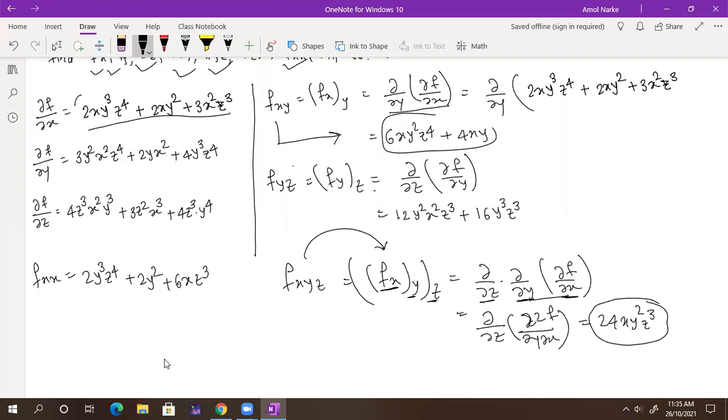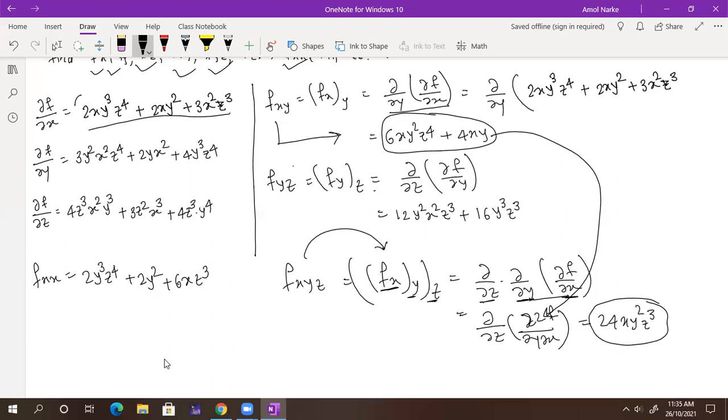So what is my task remaining? I need to differentiate this value with respect to z. If I differentiate with respect to z, it means we need to keep the other variables as constants. So here x is constant, y squared is constant. If I differentiate z raised to 4, it becomes 4z cube. 4 into 6 is 24 x squared z cube.